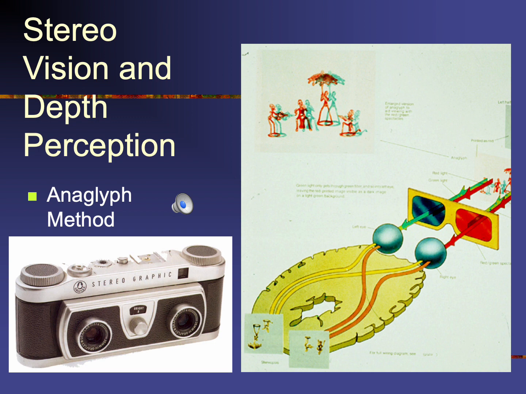Well, having two enables a very interesting mechanism by which the two images are combined to produce a cue or data about the depth of the visual field, how far away objects are. It's a very interesting process, and it's still not completely understood. It basically has to do with correlating two separate pictures that you get from each eye in a way that allows the brain to abstract depth information.